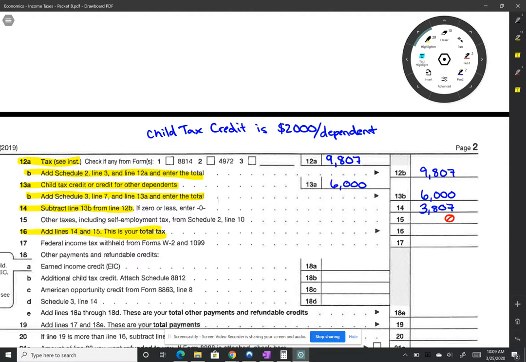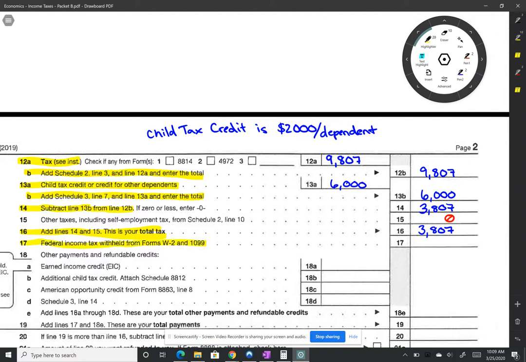Line 16, add lines 14 and 15 to get your total tax. 14 is 3,807, 15 is 0. So we add them together and we get, flip over, 3,807. So that's their total tax bill. Now we go back to the forms, the W-2 and the 1099s, where it says income tax withheld.